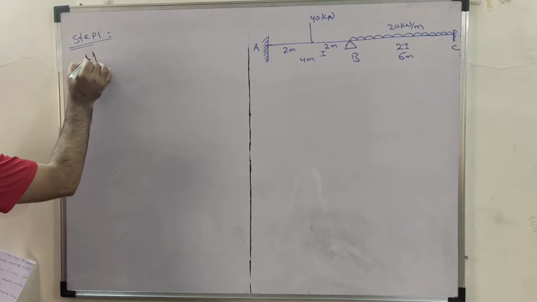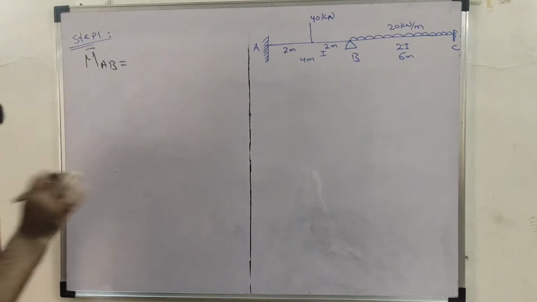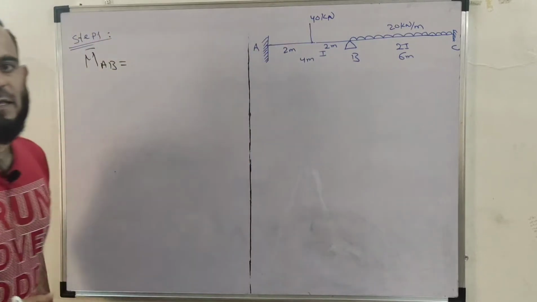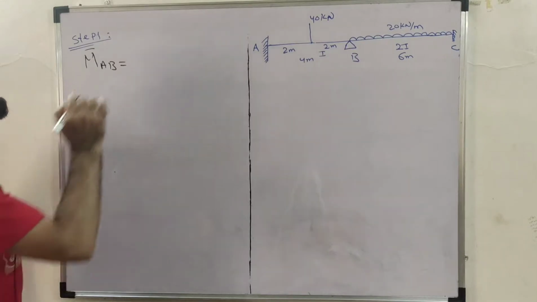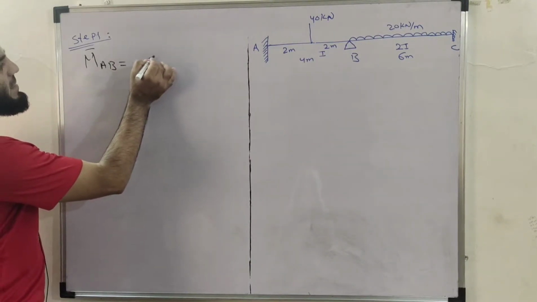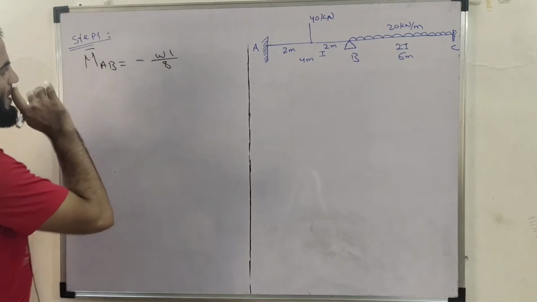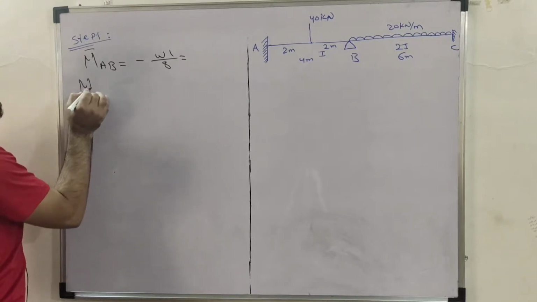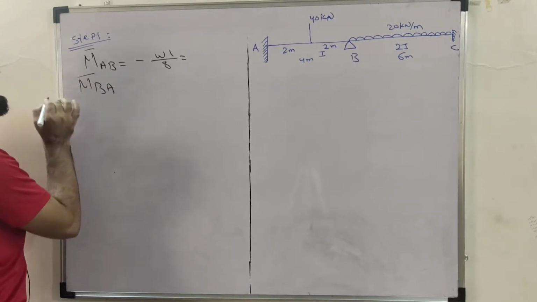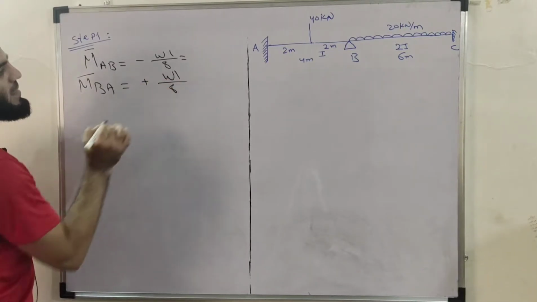Moment fixed AB, if the load is a point load, the formula is minus WL by 8. Moment BA fixed is plus WL by 8.